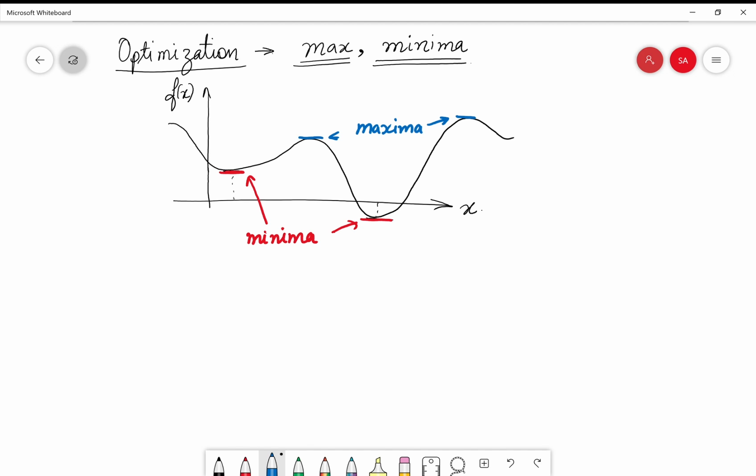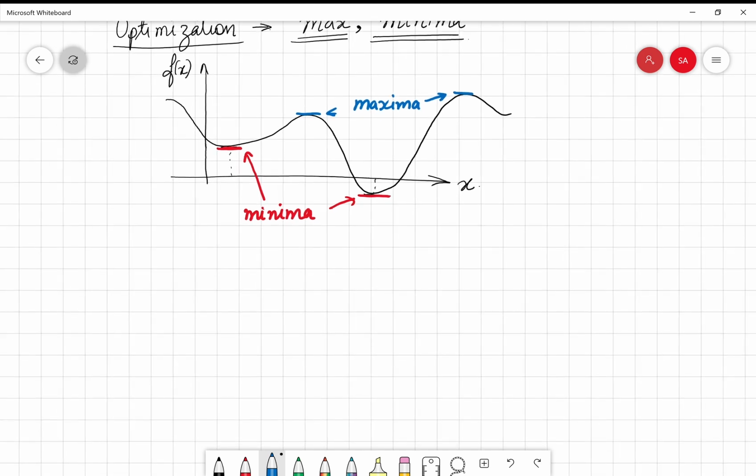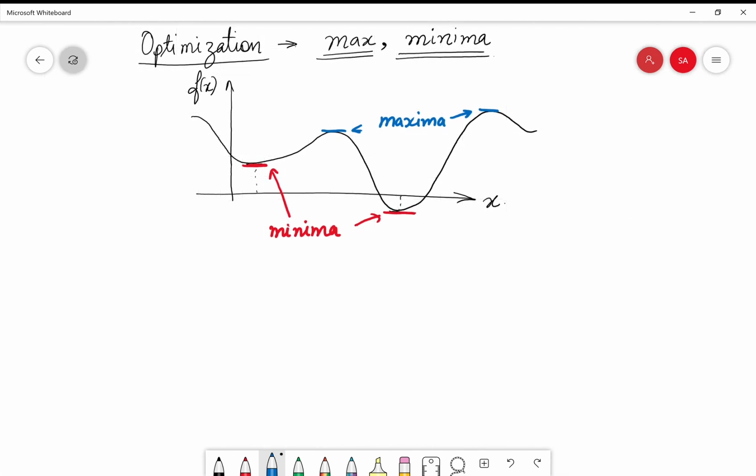Now you can see that in a particular function f of x you can have multiple maxima points and multiple minima points. Now let's do a quick revision of what we used to do in high school to figure out the maxima and minima of a function. Suppose I give you a function f of x, and I want to find the maxima.